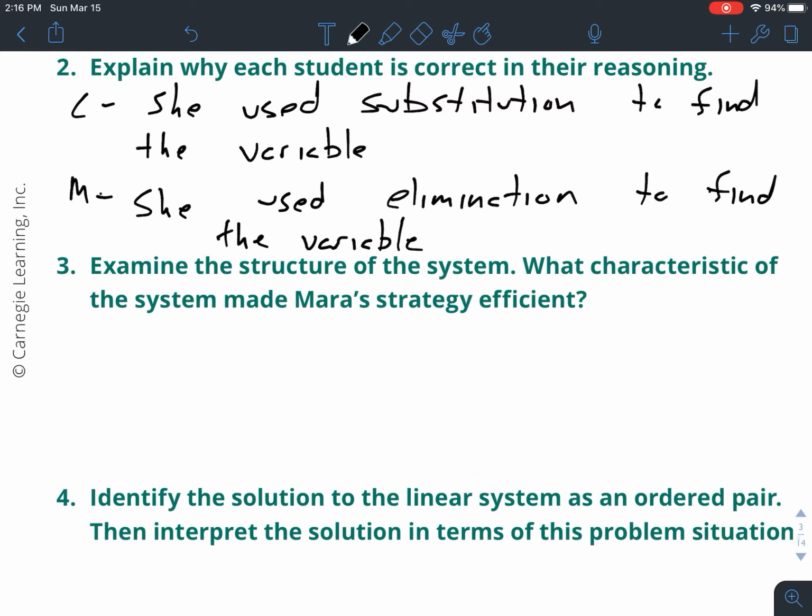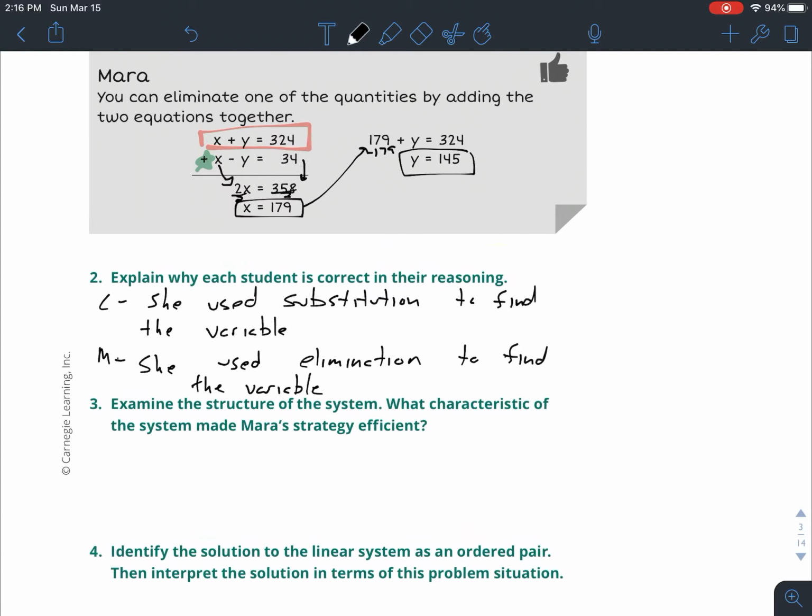So if we look at Mara's, this bottom one, the elimination one.